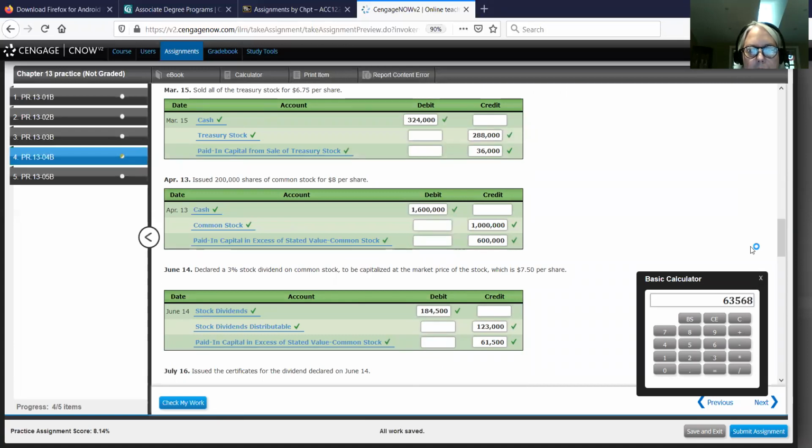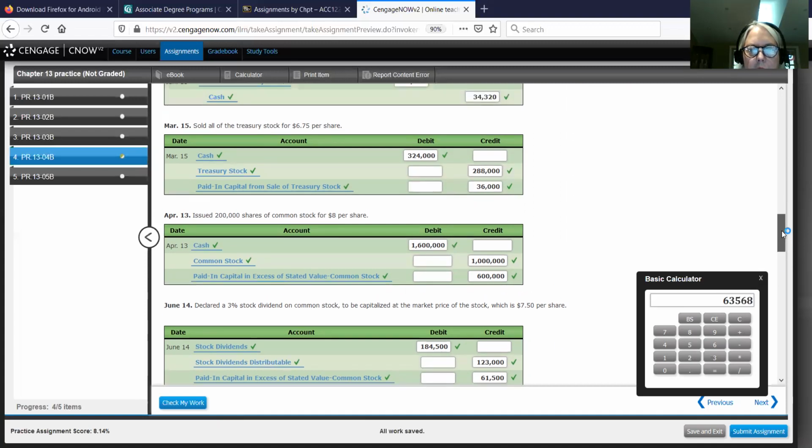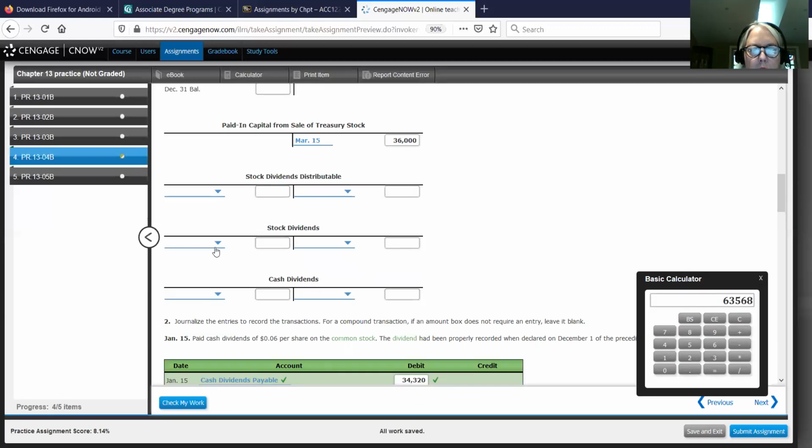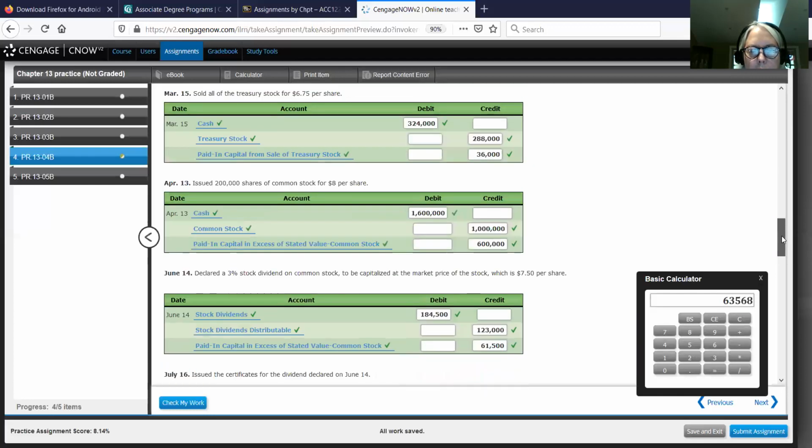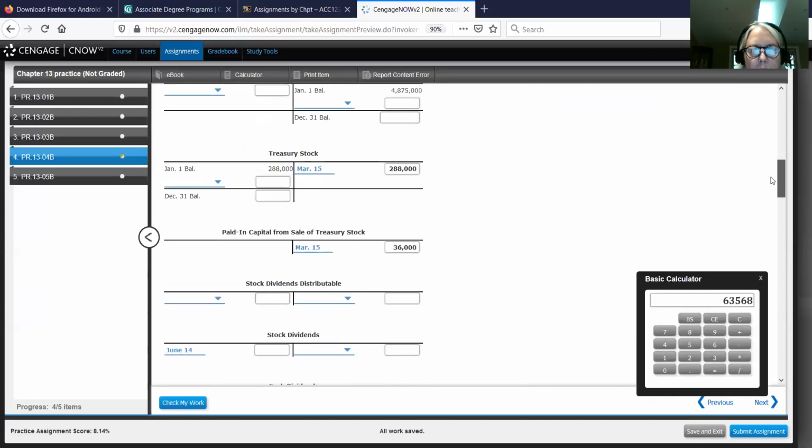The next transaction that I need to post to is June the 14th. I'm going to post to my stock dividends account. $184,500 would be debited to stock dividends on June the 14th. And again, that amount on June the 14th was $184,500.